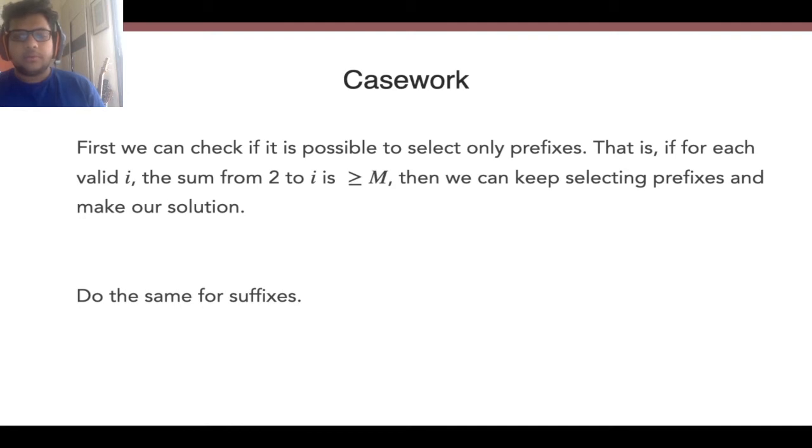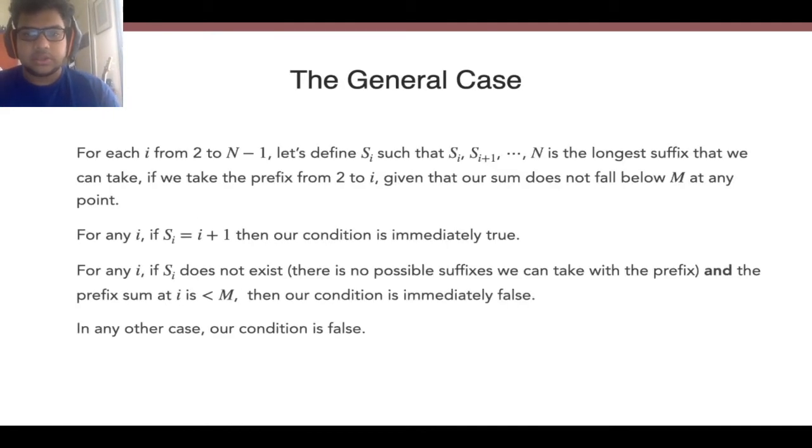Now, for the general case, for each i from 2 to n minus 1, let's define si such that si, si plus 1, all the way to n is the longest suffix that we can take if we take the prefix from 2 to i, given that our sum does not fall below m at any point. So that's a really long sentence. Let's just break it down. We need to find this value si for every i from 2 to n minus 1.